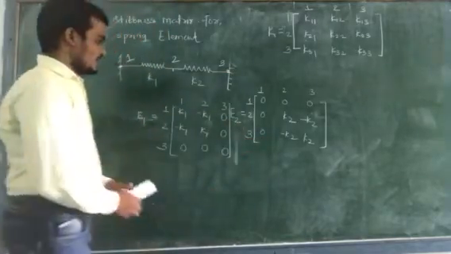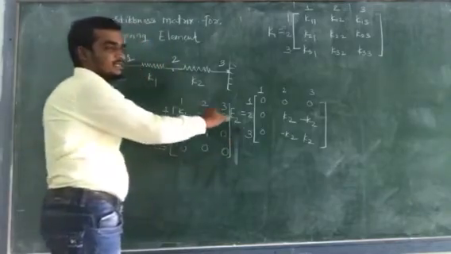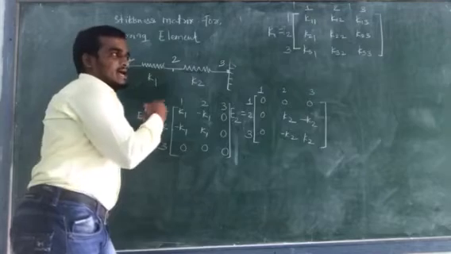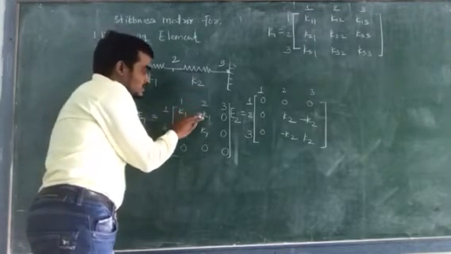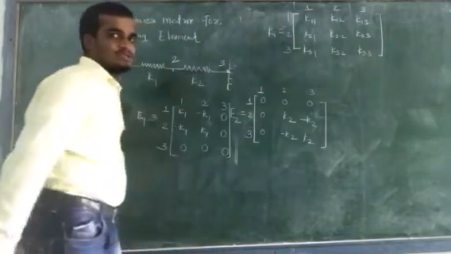Okay, so now by using this E1 and E2, you can write your global stiffness matrix. Means simply addition or simply positioning of these elements into the global stiffness matrix, you will get the global stiffness matrix.